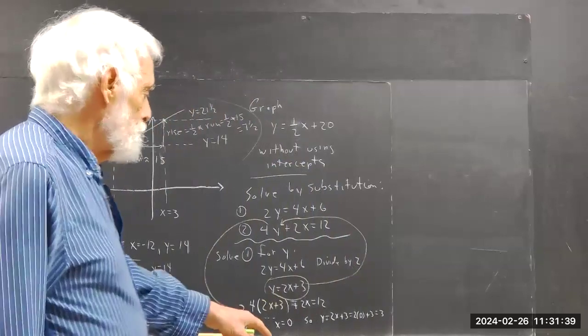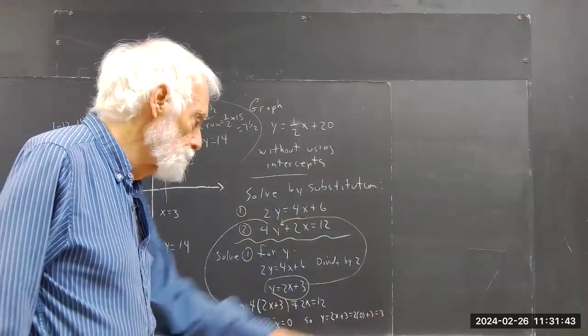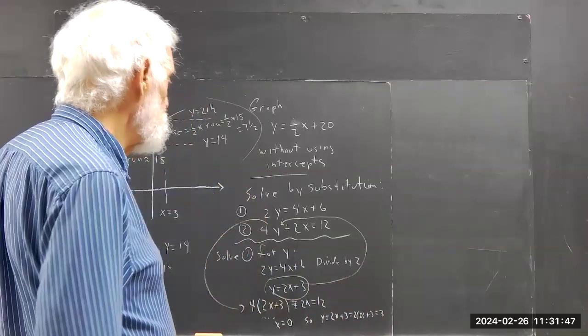So y is going to be 2x plus 3, 2 times 0 plus 3, that's going to be 3. And then we plug in 0, 3.